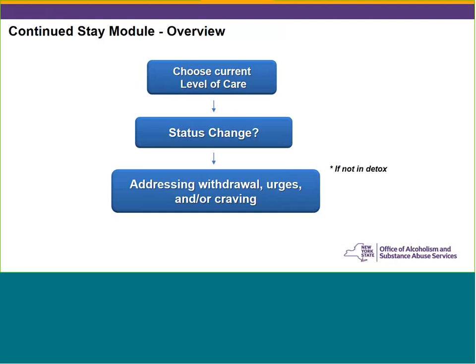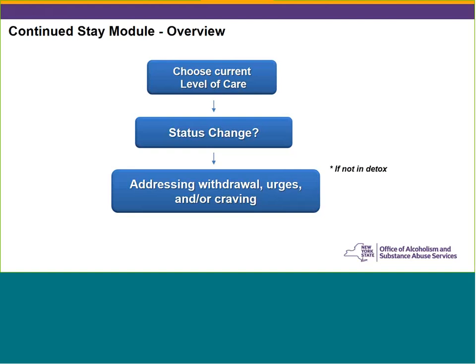The way the tool is set up, you will be responding to the same type of questions, the same criteria, that rendered the person appropriate and eligible for the level of care that they're currently in. So you're really assessing whether or not they still need that level of care, hence needing to indicate where they are right now.